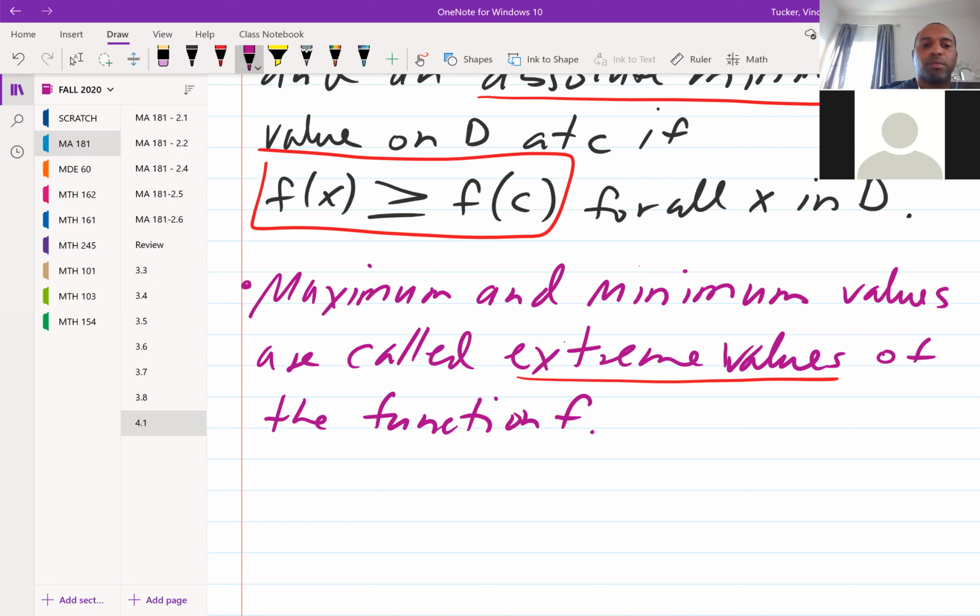So maximum and minimum values are called extreme values of the function f.